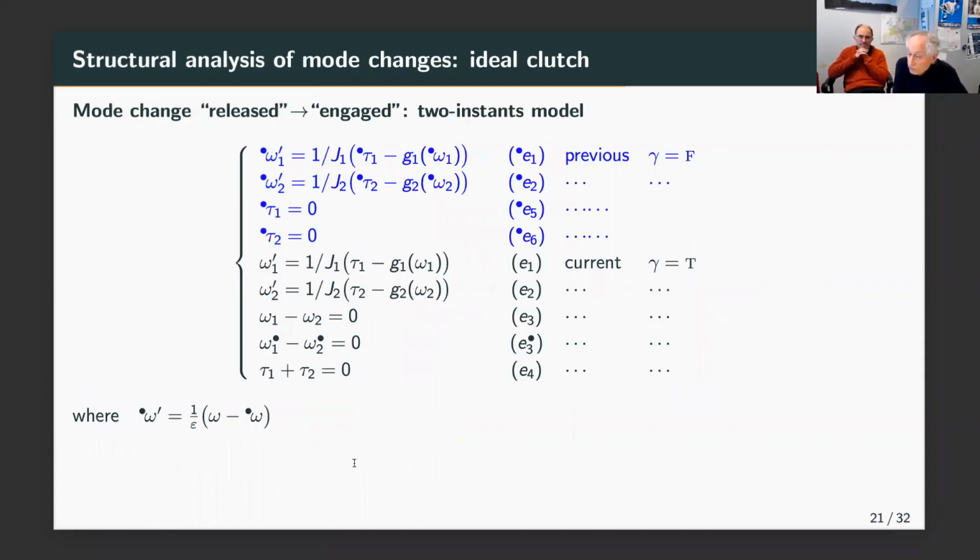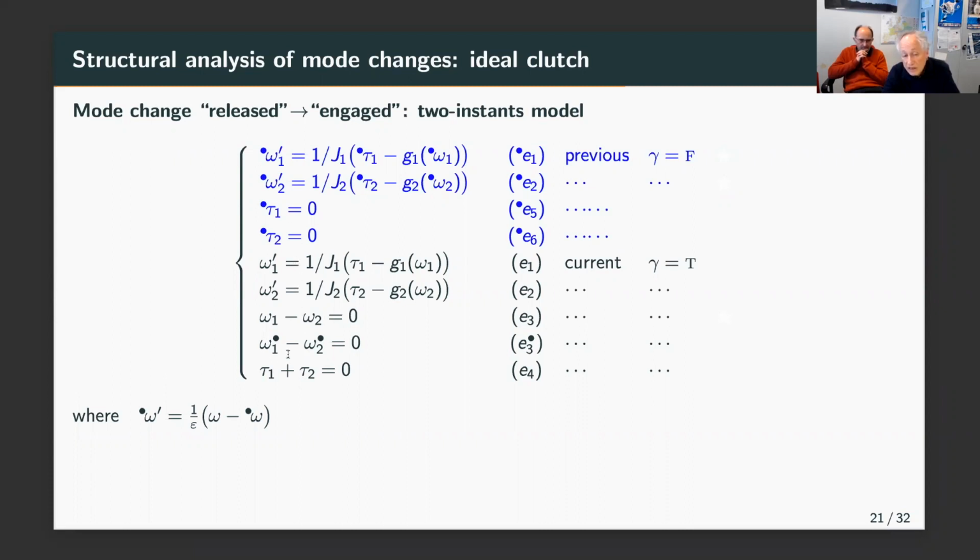And what we do to study the mode change is to unfold the model by including in blue the dynamics before the mode change, and in black the dynamics resulting from the mode change. So here we have the release mode where the torques are 0 and there is no constraint on velocity.